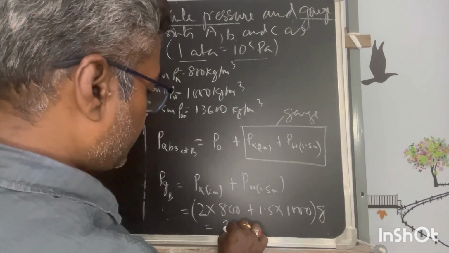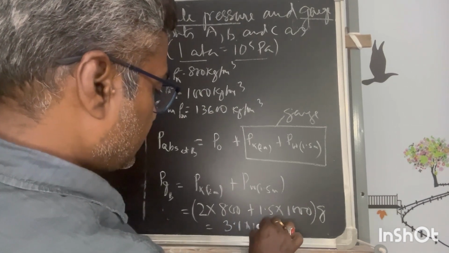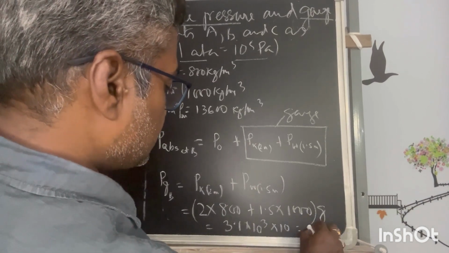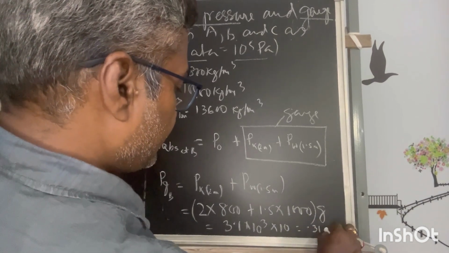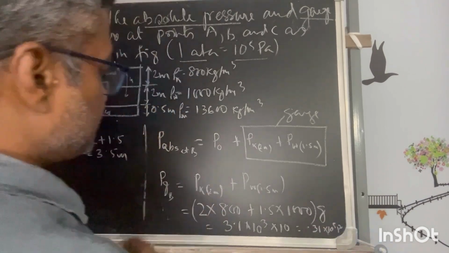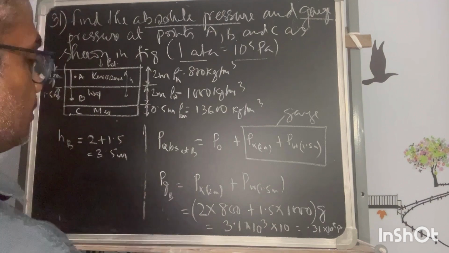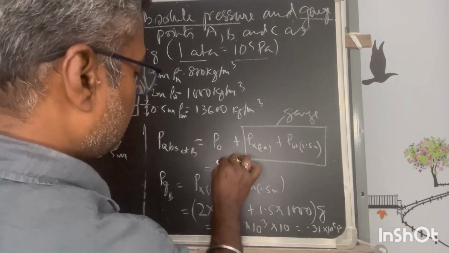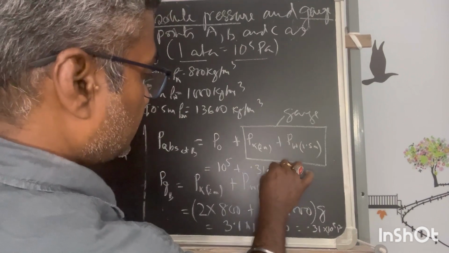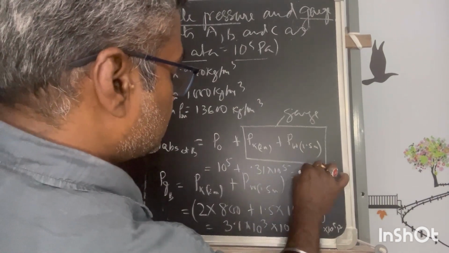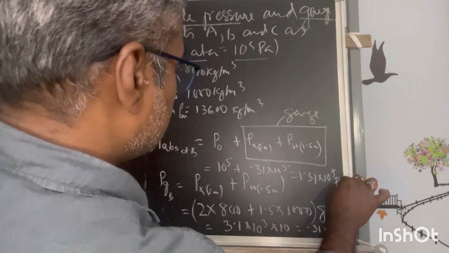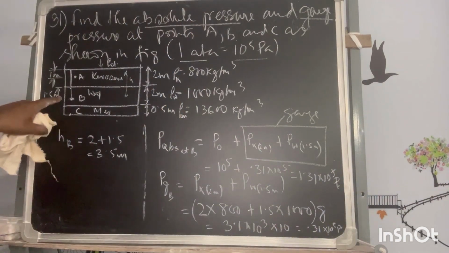So that means 3.1 into 1000 into G, which is 10. So that is equal to 0.31 into 10 to the power 5 Pascal. This is your gauge pressure for B, and absolute pressure for B is equal to 10 to the power 5 plus 0.31 into 10 to the power 5. So all total this is 1.31 into 10 to the power 5 Pascal. This is your absolute pressure for B.